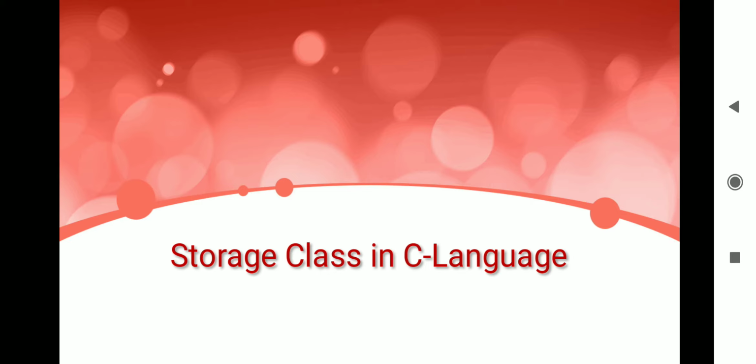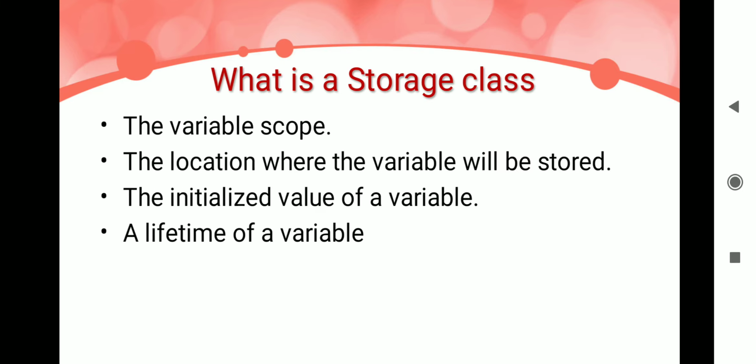These features can be the scope of the variable, the location where the variable will be stored, the initialized value of a variable, and the lifetime of a variable. If we take the first one into consideration, the variable scope, we have basically two types of scopes in C language, local and global.